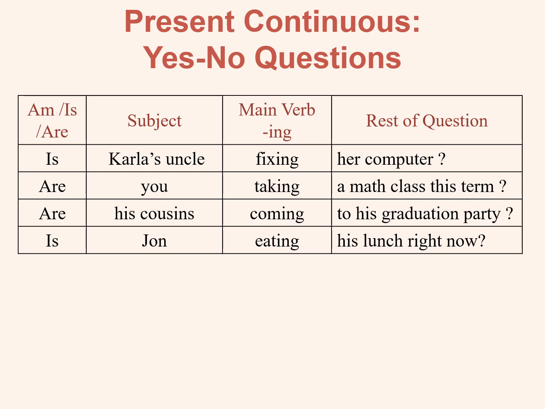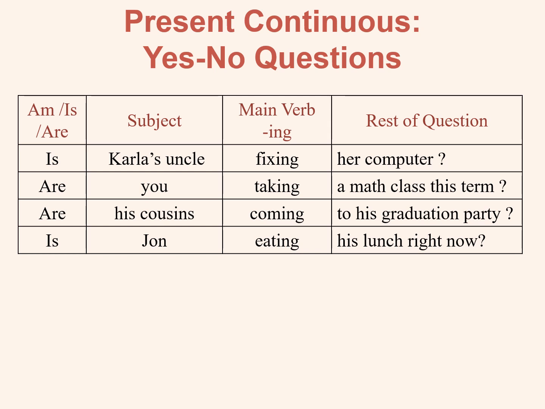The examples here: Is Carla's uncle fixing her computer? We get is, then Carla's uncle. Are you taking a math class this term? We get are, then you, and then taking. Are his cousins coming to his graduation party?